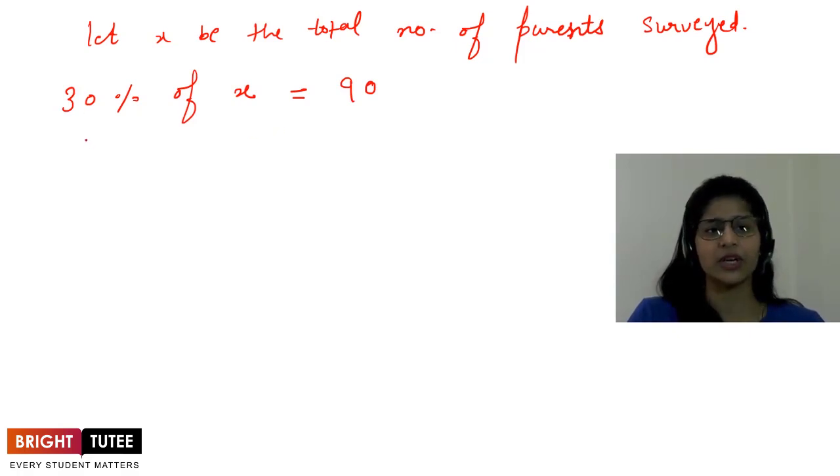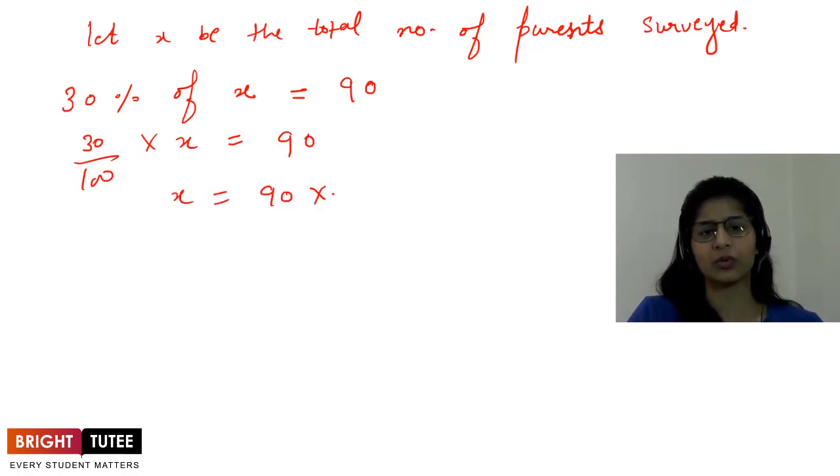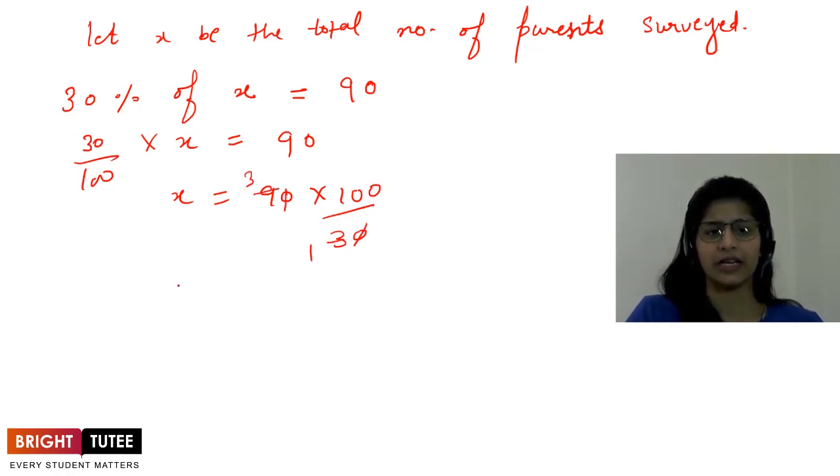That is given in the question. So 30 upon 100 of x, meaning multiplication, is equal to 90. So x will be equal to 90 into 100 divided by 30. The fraction gets reciprocal here. So cancelling it, 3 ones are 3, 3 threes are 9. x is 300.